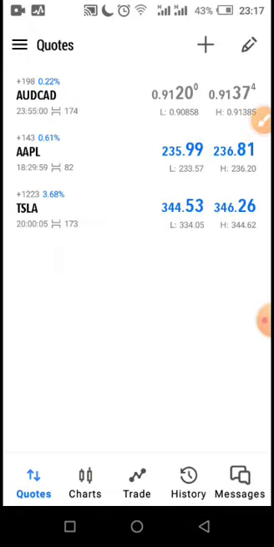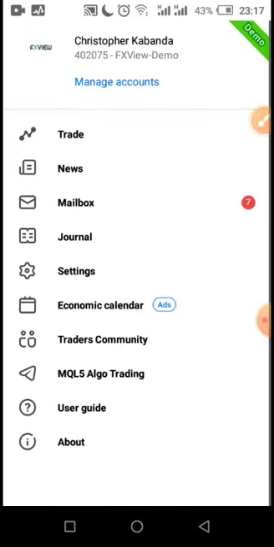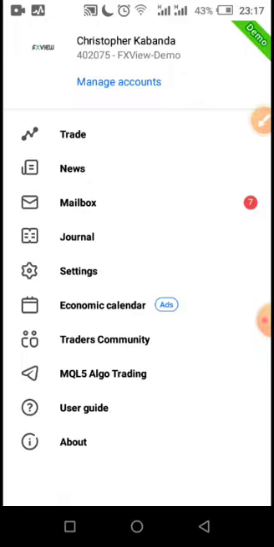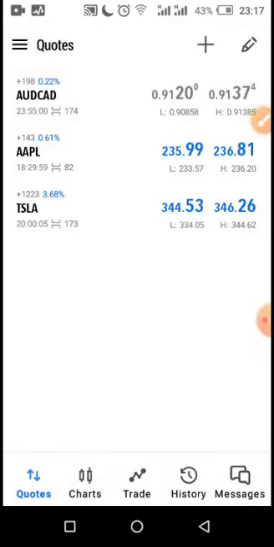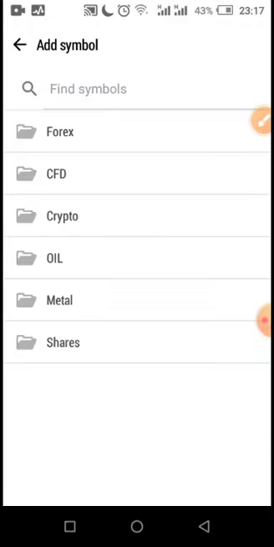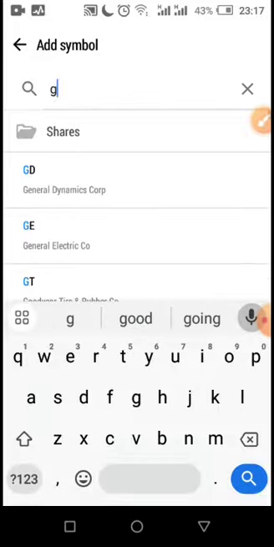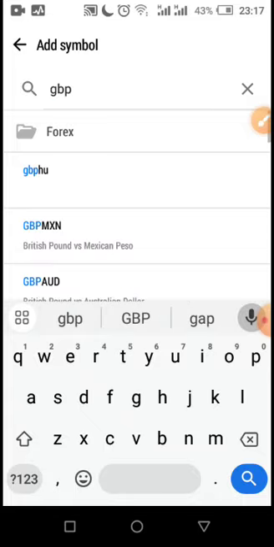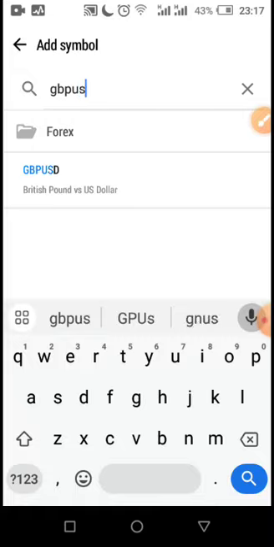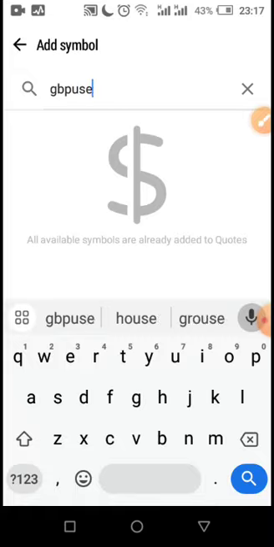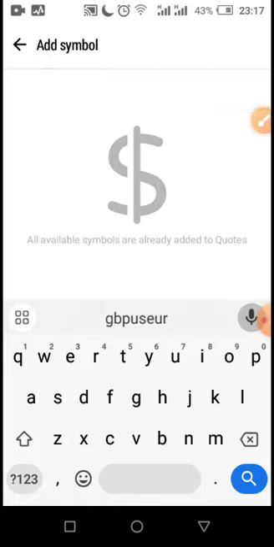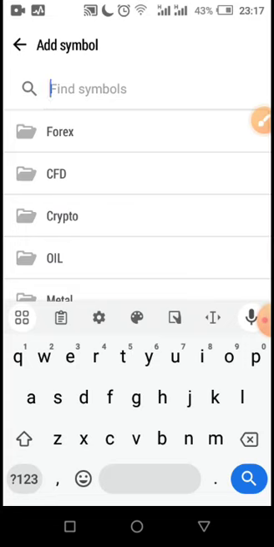And then for currencies, for Forex, since currencies have smaller commissions and spreads with FXView, you can trade your currencies with FXView. Your trading will be safer with FXView since it's an A booking broker.